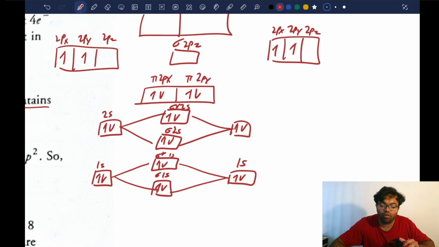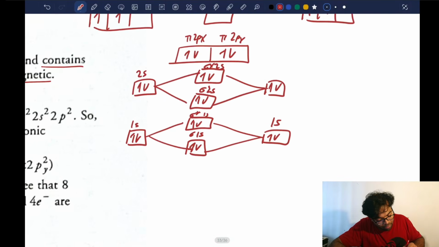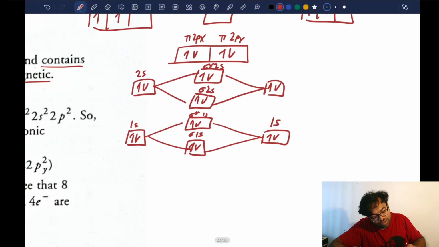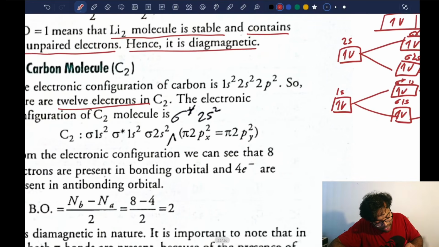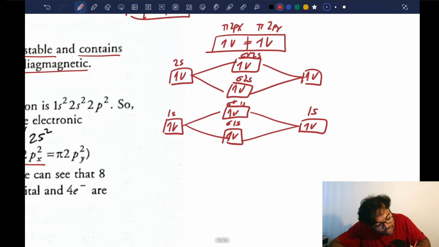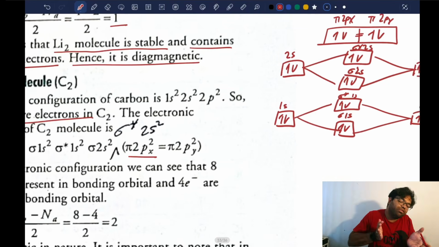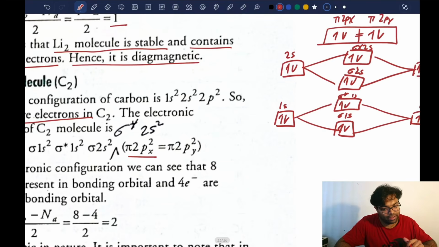The sigma 2pz won't get filled up because there are not many electrons left. So what does the electronic configuration become? Sigma 1s2, sigma star 1s2, sigma 2s2, sigma star 2s2, pi 2px2, pi 2py2. Now this pi 2px and pi 2py are at the same energy level, so even if you write y before x, it does not matter.